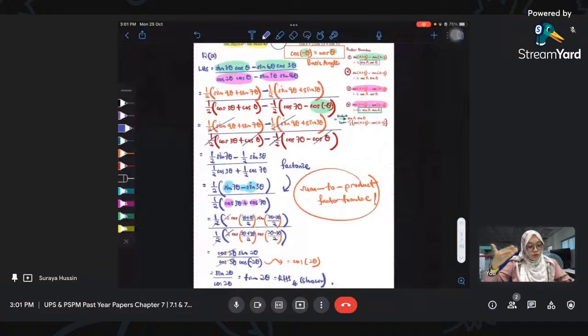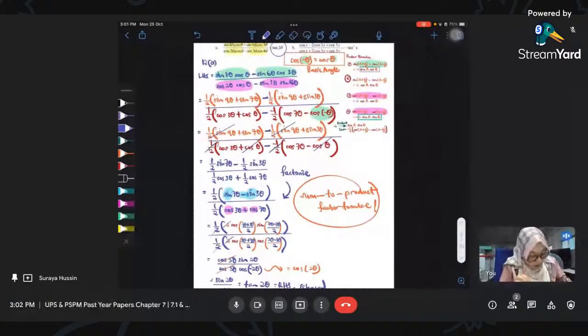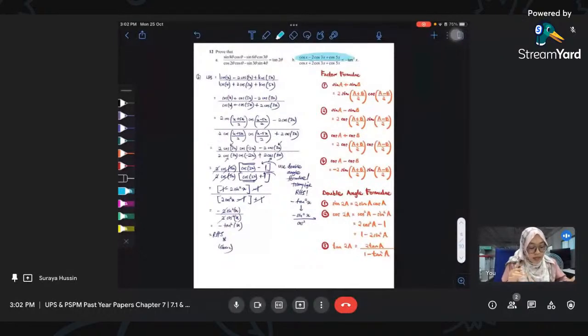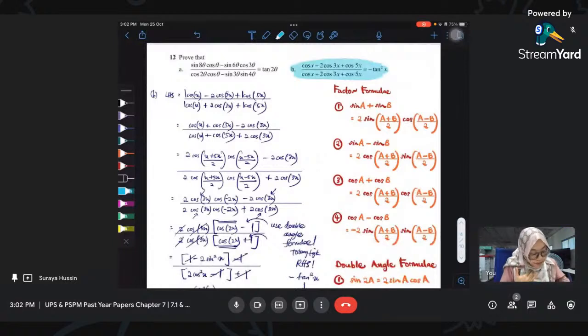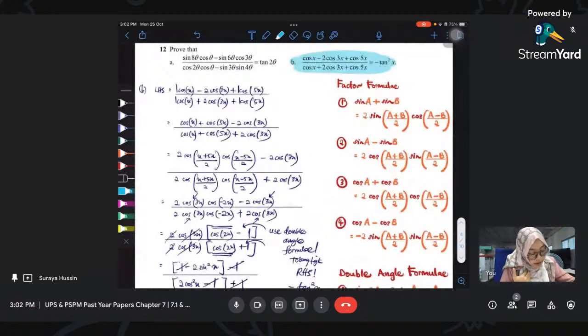So now question 12B. 12B saya terus bagi solution dekat sini ya. I'm sorry I don't have time to write it down because agak panjang. So you can have a look here. So make sure you know that this part, kat sini you nampak negative tan kan?